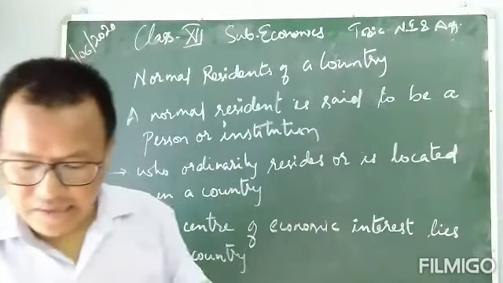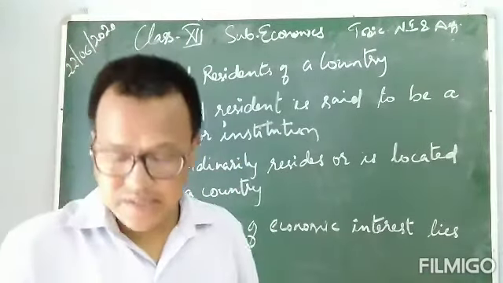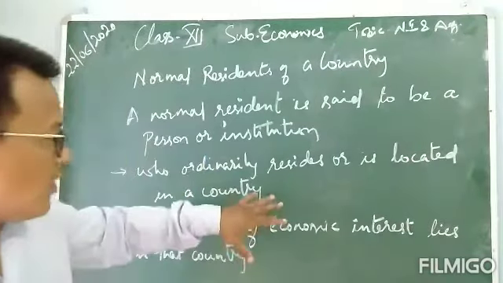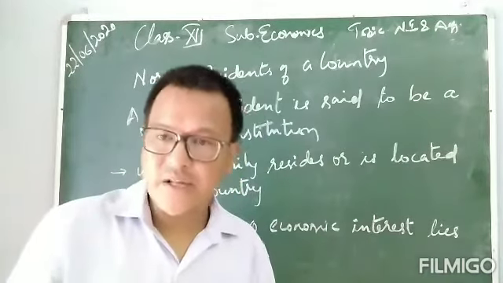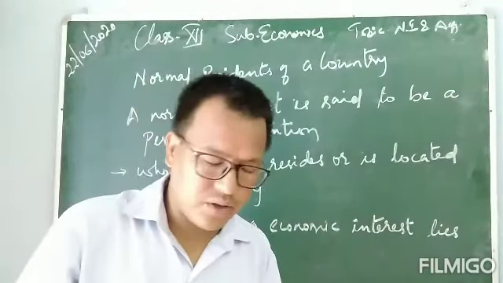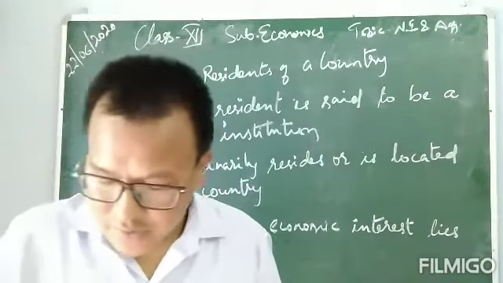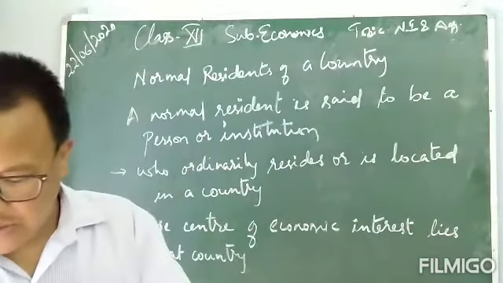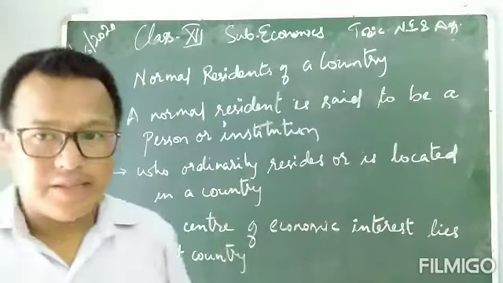Now there are two conditions to become a normal resident. First of all, they should stay in the country for more than 1 year. If they stay in a country more than 1 year, then that person or institution is called a normal resident.